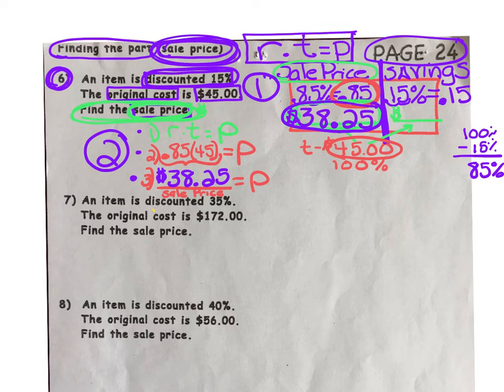Pause your video right now, and when you're ready, turn the video back on. You'll need a calculator, and you'll need to organize your work in a tape diagram to start with, number 1, and number 2, use the 3-step process to calculate the sale price. Please pause your video now.